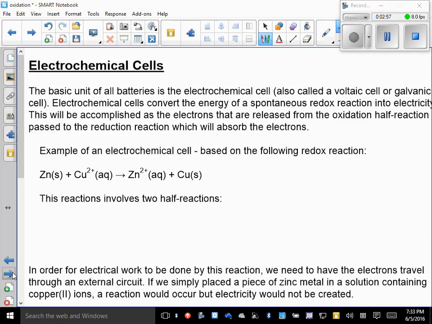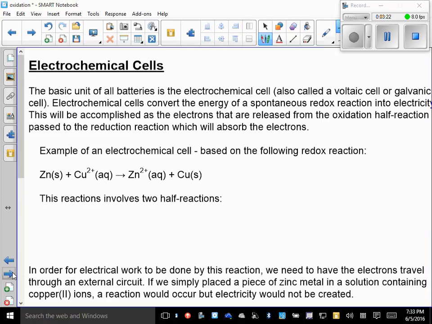It converts the energy of a spontaneous redox, so reduction and oxidation reaction, into electricity. This is accomplished as the electrons are released from the oxidation half reaction and passed to the reduction reaction, which will absorb the electrons. So remember before we were learning about who's losing, who's gaining. Now we're going to harness that.